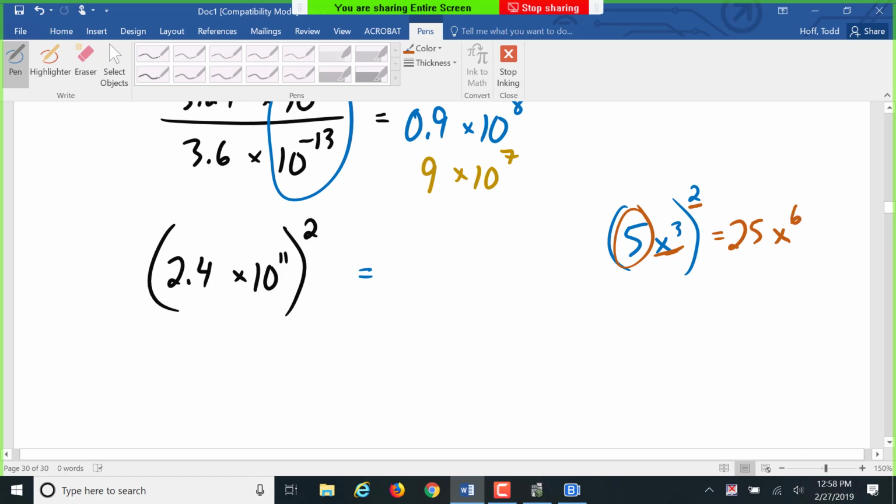Remember, when we take a power to a power, we multiply powers. The process with our scientific notation looks very similar. 2.4 squared is 5.76. Good. Times 10 to the power of 22. Good. 10 to the 11th squared, we do 11 times 2 is 22.